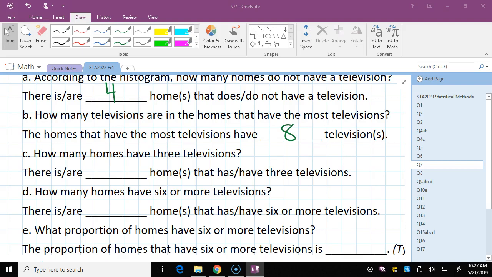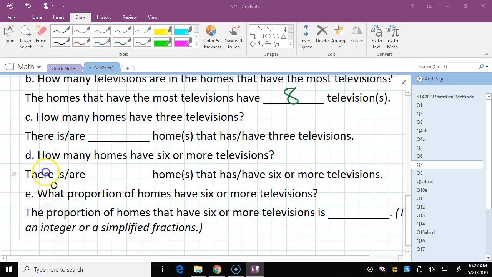That would be 8. Does that make sense? Just be careful when you read some of these, because that wording needs to be looked at very, very carefully. This one threw me off when I first read it, but it's actually talking about the most number of televisions, not the mode.